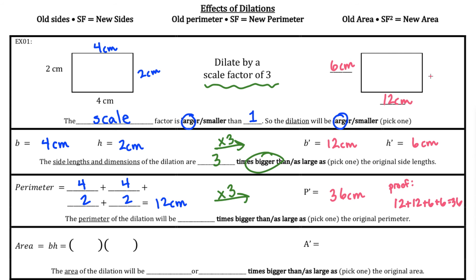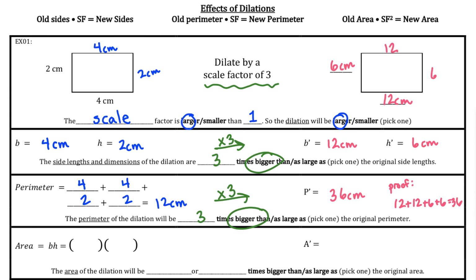Remember, we got that from this 6 and this 12. So the perimeter was also 3 times bigger than the original one.